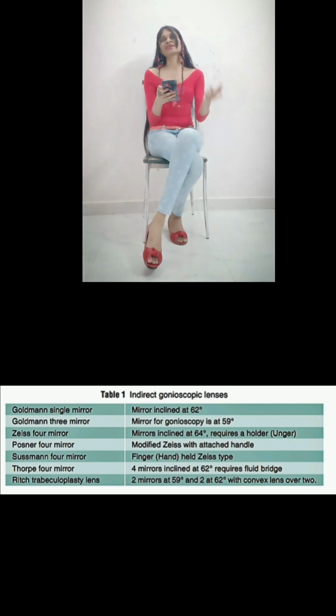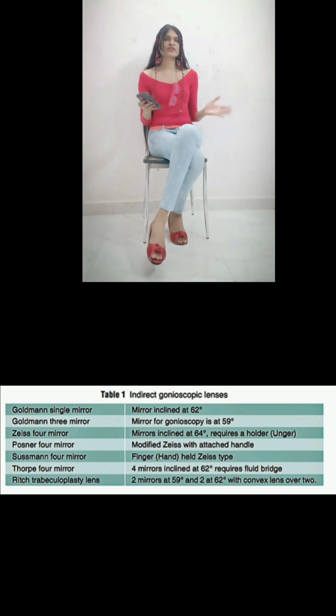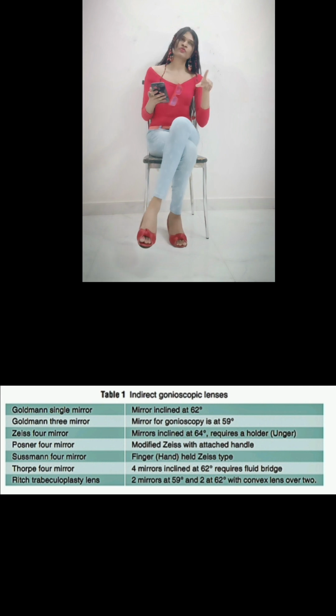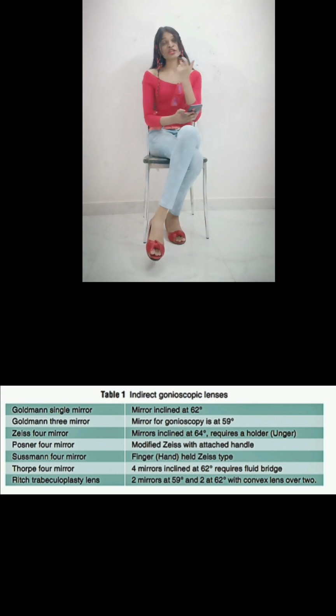So 4 mirrors, they give entire 360 degree view of the angle. The mirrors are angled in such a way that they give the entire 360 degree view of antechamber angle, so we don't need to rotate, and also their posterior curvature is similar to that of the anterior curvature of the cornea, so there is no gap between the posterior curvature and the anterior curvature of the cornea.